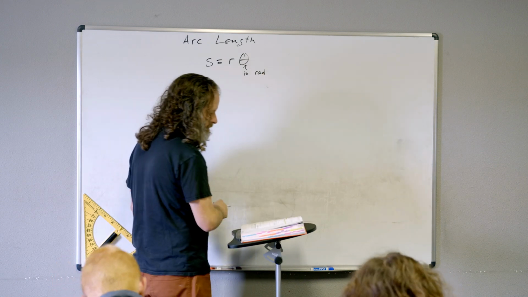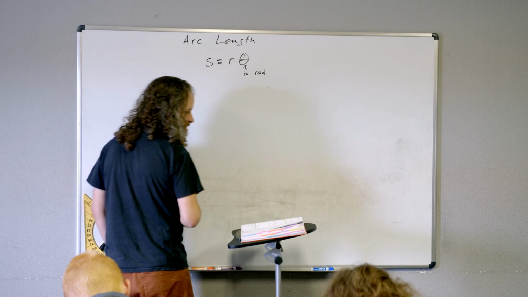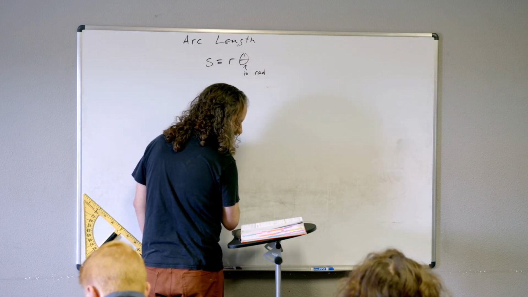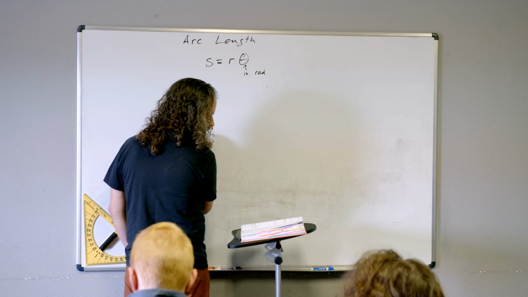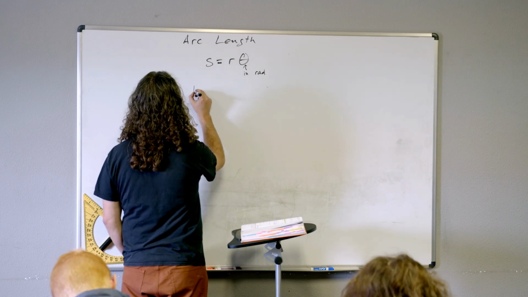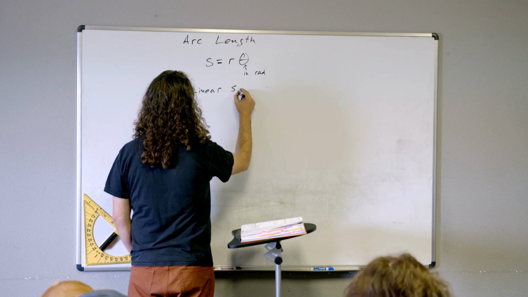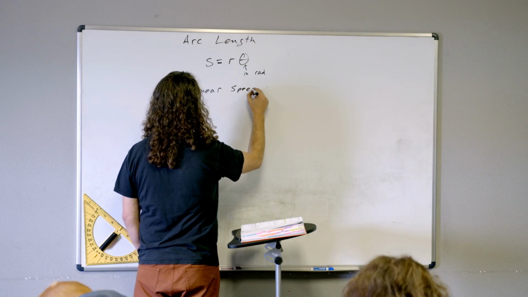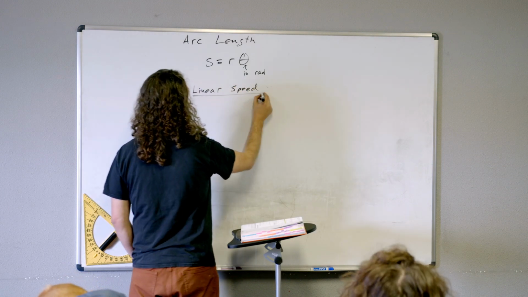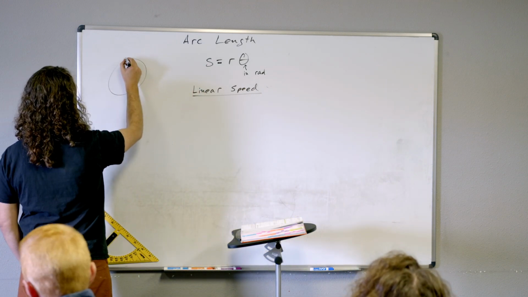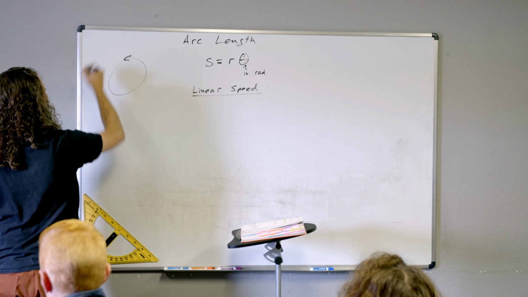Next formula, linear speed. Does this also need to be in radians? Yes, they all do. Linear speed is in a circle; that's how fast it's traveling on the outside.